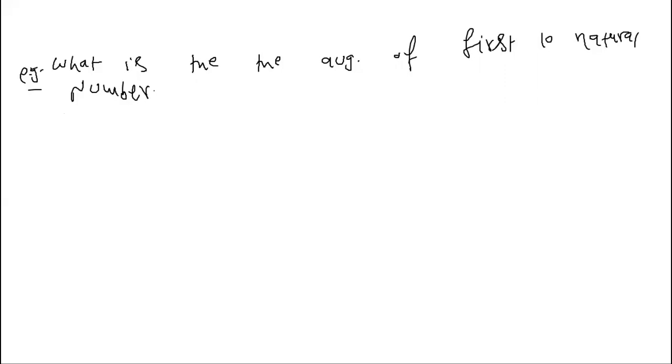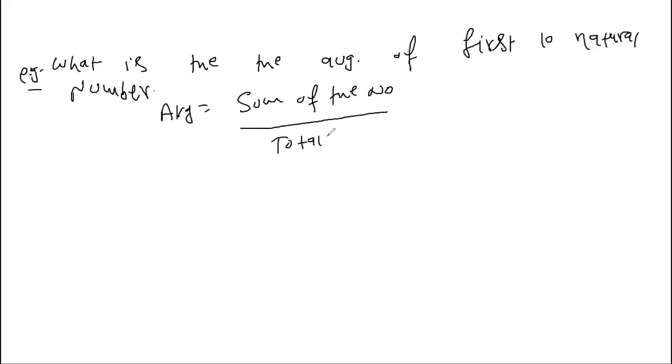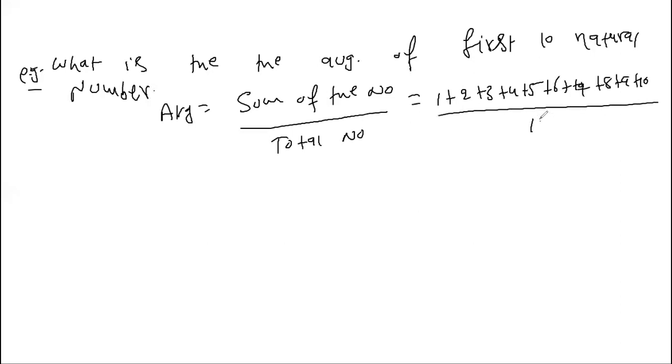Very good, 5.5. Look, what does average mean? Sum of the numbers to the total number. So I am asking the average of the first 10 natural numbers. So 1 plus 2 plus 3 plus 4 plus 5 plus 6 plus 7 plus 8 plus 9 plus 10. Then divide by the total how many numbers? 10. So it will be equal to 55 divided by 10, that is equal to 5.5.